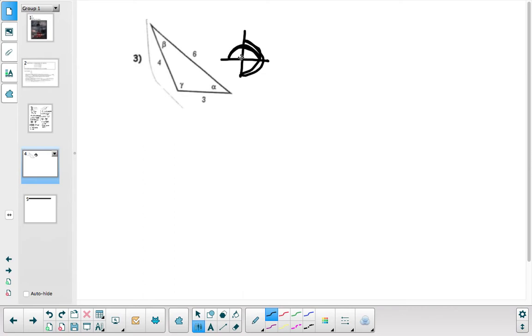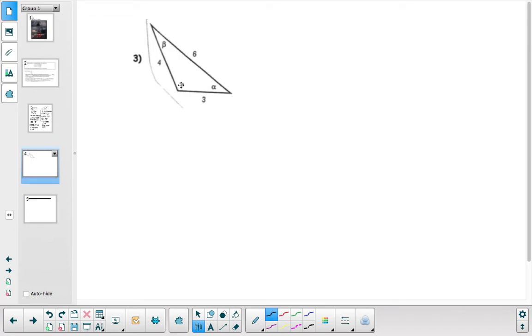Cosine covers that, so we don't have to worry about the ambiguous case with cosine. Just a heads up. Whenever you're given a scenario where law of cosines is possible, you don't have to worry about ambiguity at all. That's one of the best things about law of cosines.